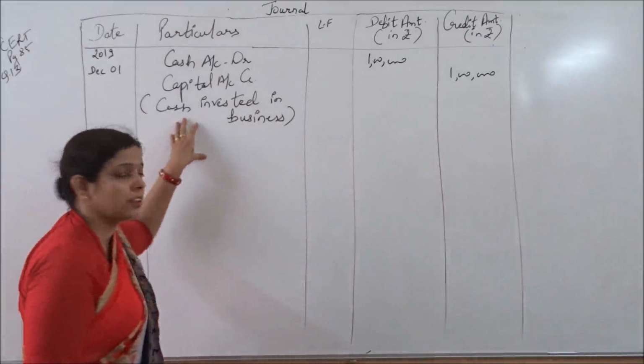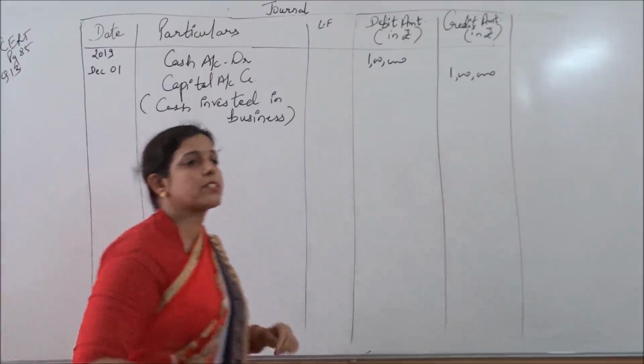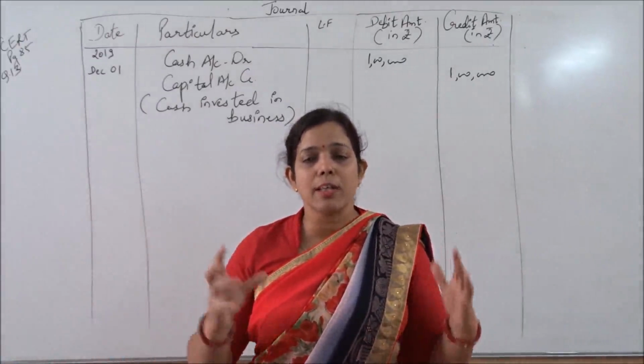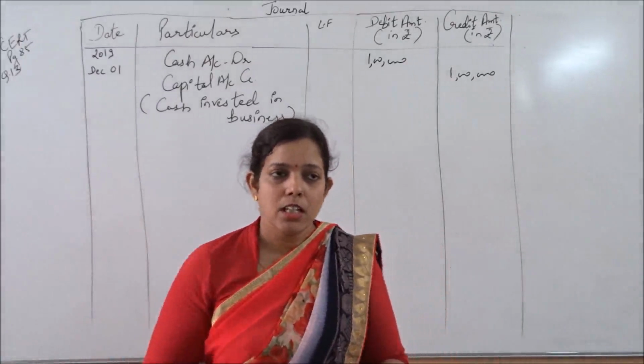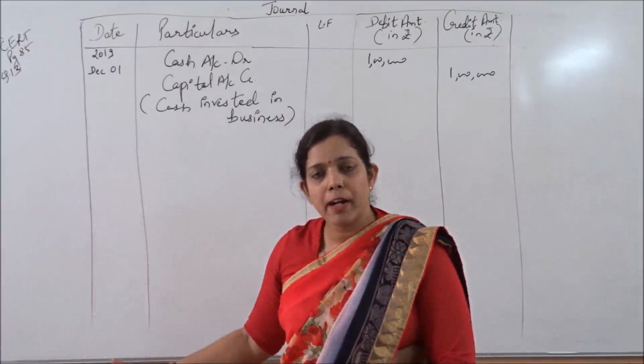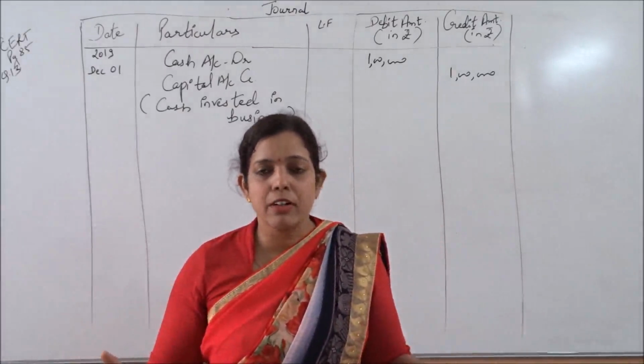Because here what is happening actually? Whenever capital is invested in the business, separate accounting is generally done according to the separate entity concept. See, business is separate thing and the proprietor is a separate legal body. Both are different legal bodies.